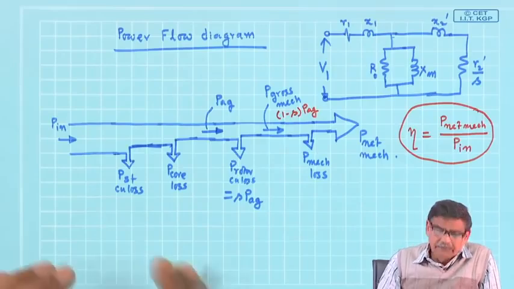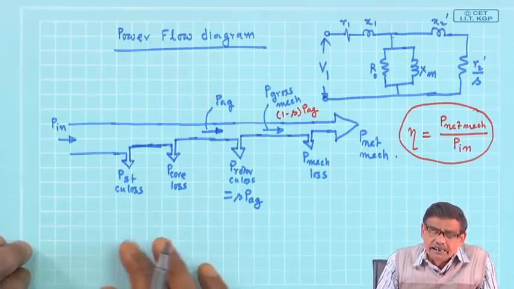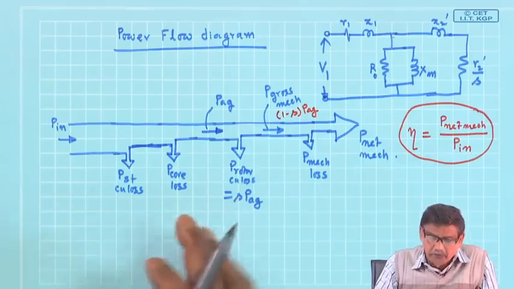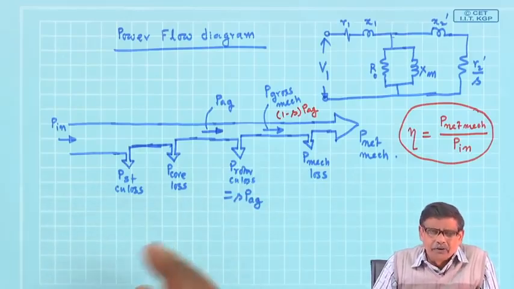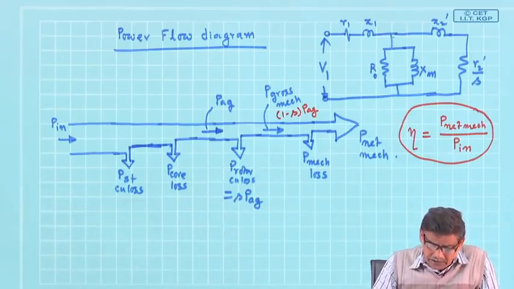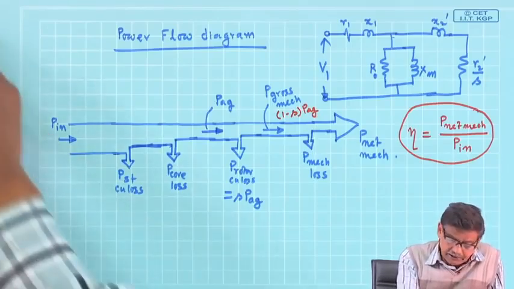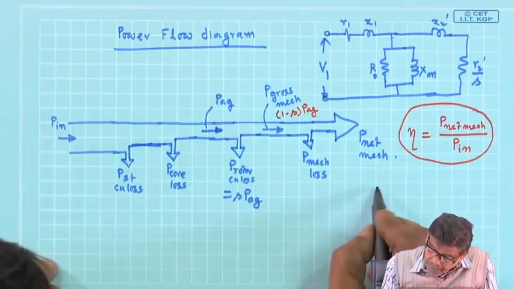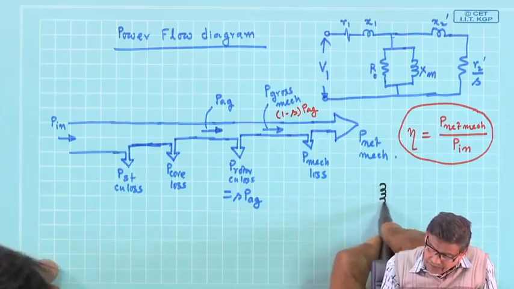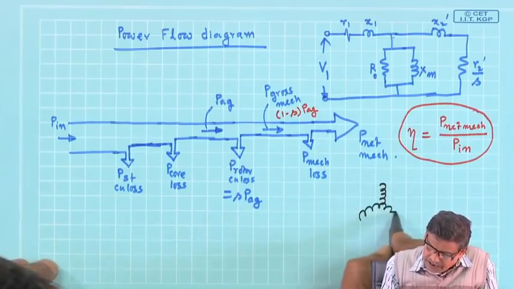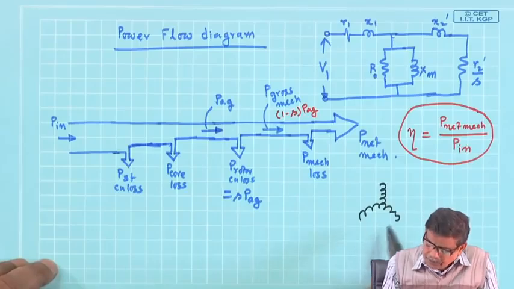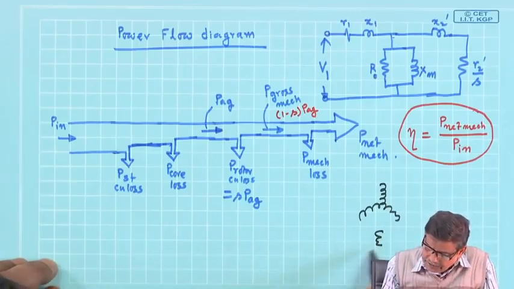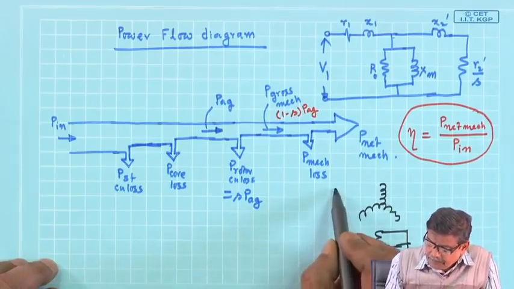Now, sometimes you will see a little bit of variation in this power flow diagram because of convenience. What do I mean by this is this. Listen to this point carefully. Suppose an induction motor is there, it could be cage or slip ring, whatever it is. This is the rotor, I have given supply.